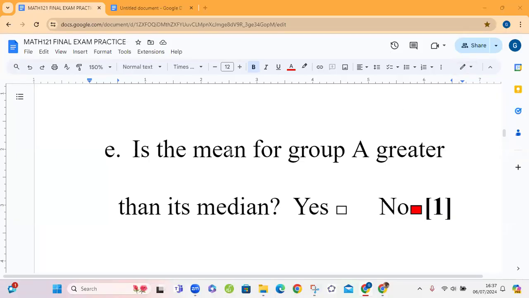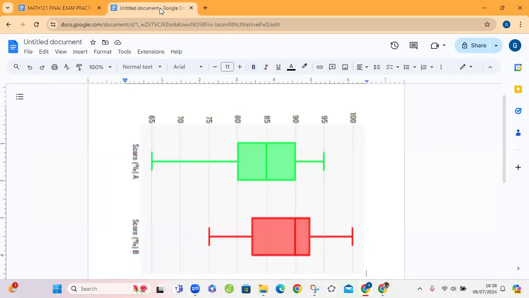Part E is asking, is the mean for group A greater than its median? The answer is no. The mean for group A is less than its median. Remember, group A is skewed towards the left.